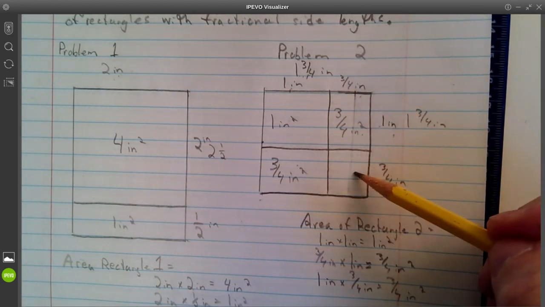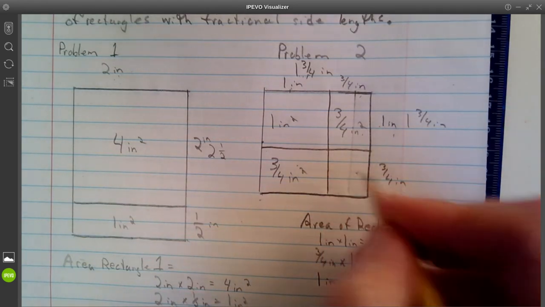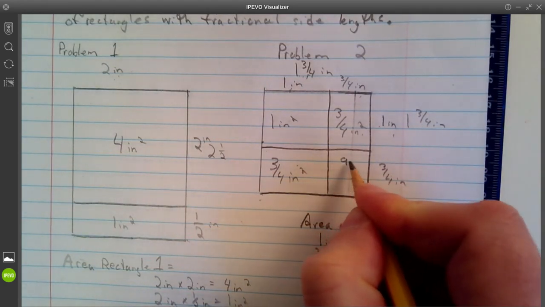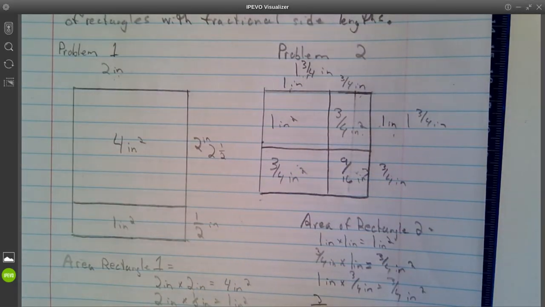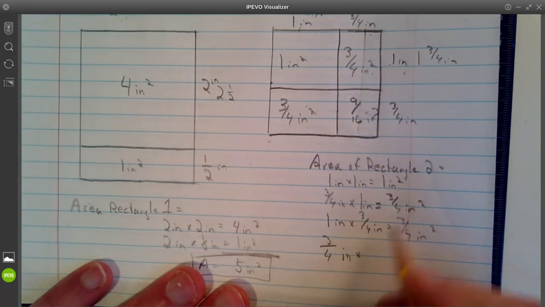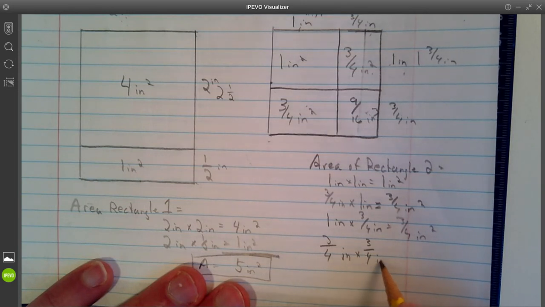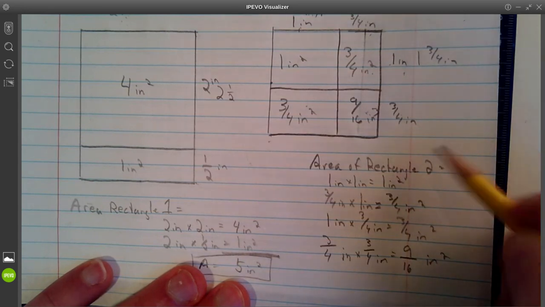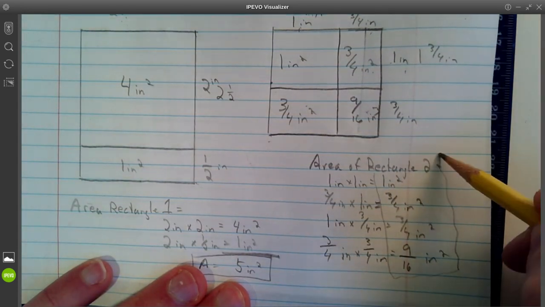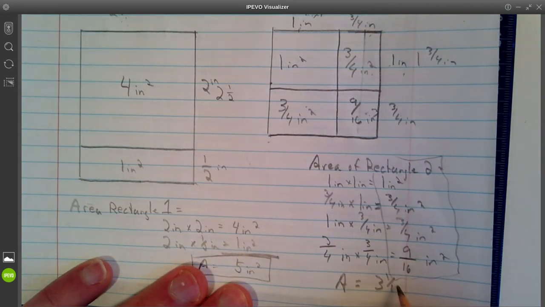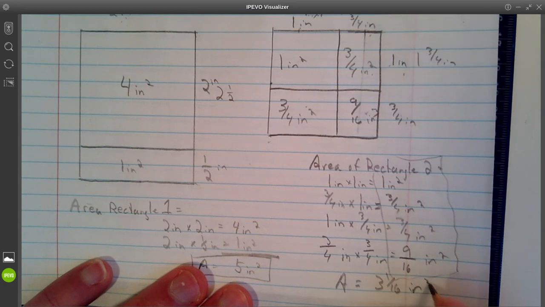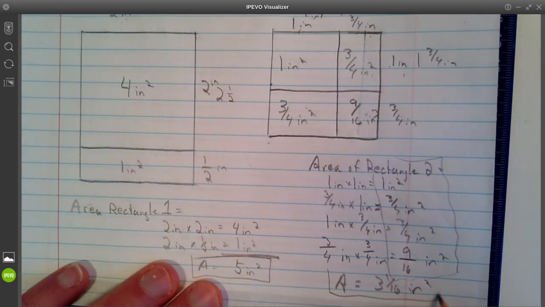And then we have 3/4 times 3/4, which is 9/16. So 3/4 inches times 3/4 inches equals 9/16 square inches. And then when I add these up, I get 3 1/16 square inches. And that's my final answer there.